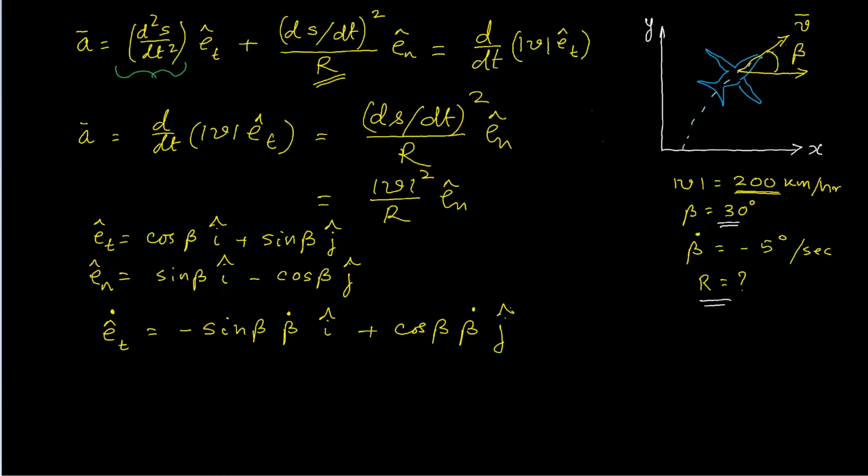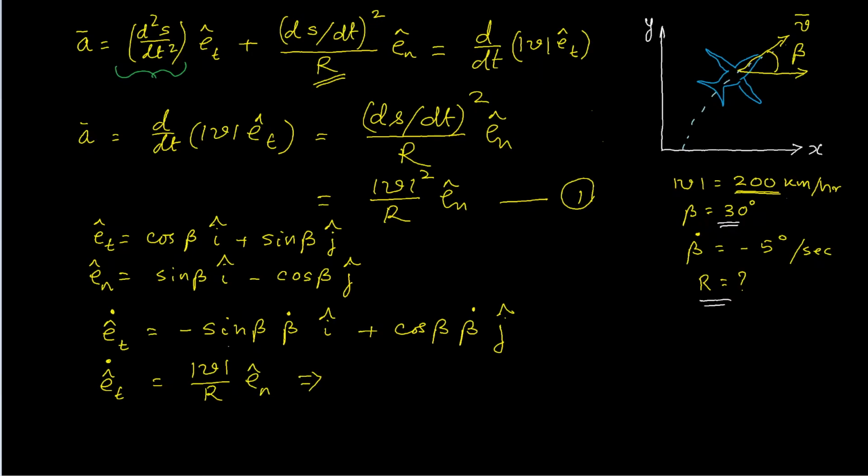We don't require the time derivative of en. Now, using this expression, equation 1, we can equate: et dot is equal to speed over r, en.